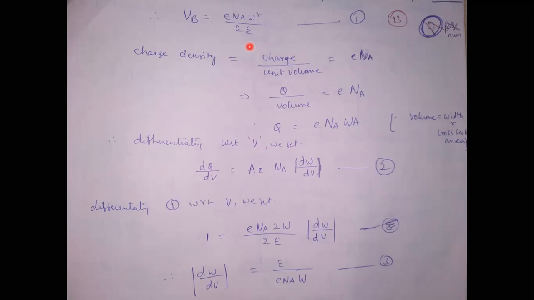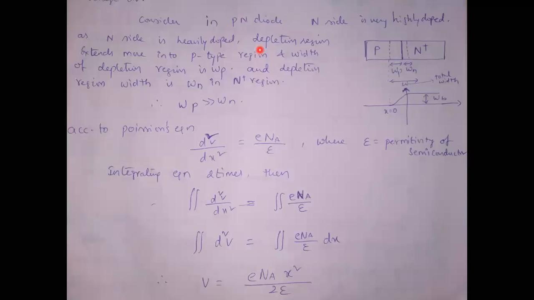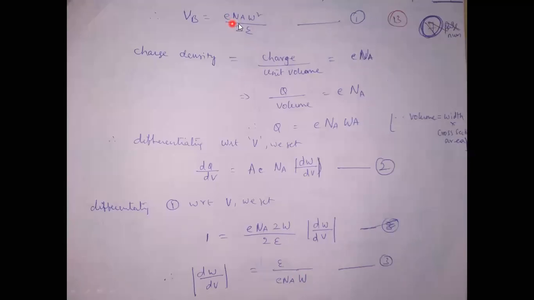If I take this equation, x here is the width, that's why I am replacing x with W. Therefore, I am getting this equation, ENA W square by 2 epsilon, replacing V with VB.